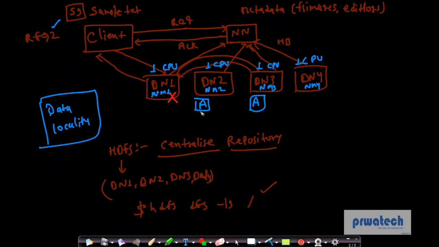What is a data locality concept? If I submit to process, if NM2 is reading the data from DN2, reading this A from here itself, and after reading, they're following through some of the concept of processing and writing the final output again here. This will be closer or time will be less.